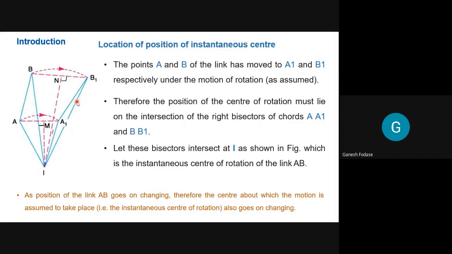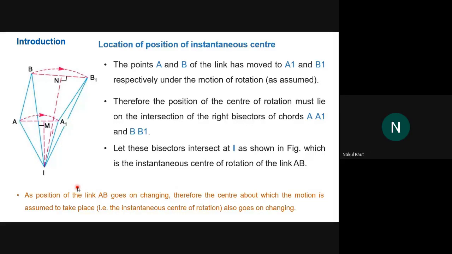It is instantaneous because when the body is moving from AB to A1 B1, the center of rotation is here at this point I. But let's assume the body is moving from A1 B1 to A2 B2. If I join A1 B1 and A2 B2 and then draw perpendicular bisectors, is it guaranteed that the center of rotation will be at I again?